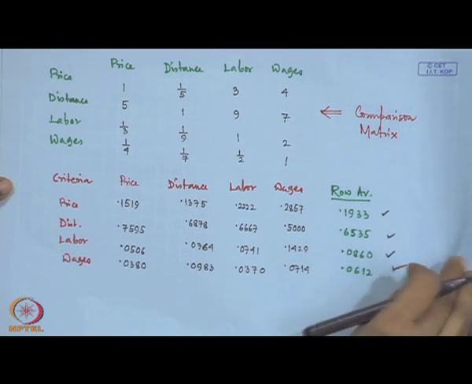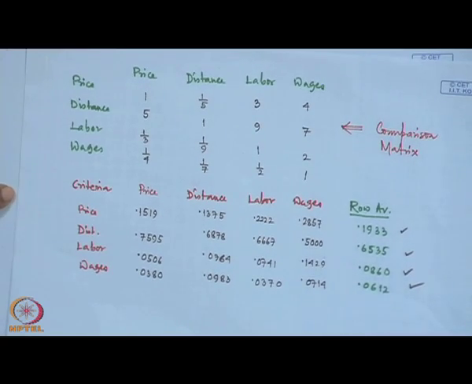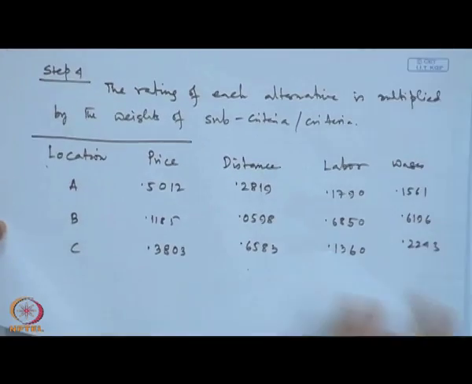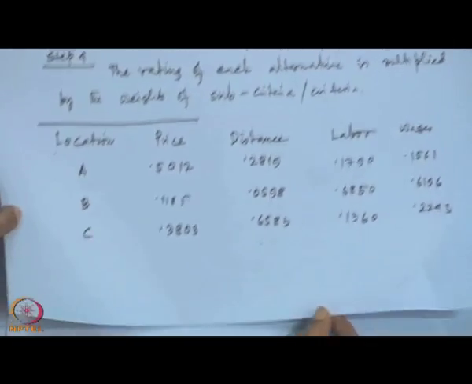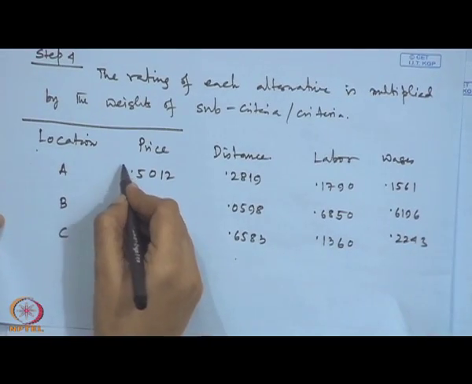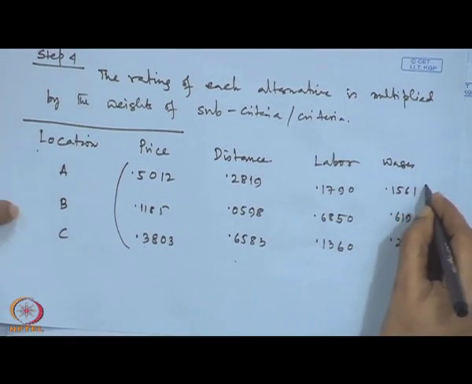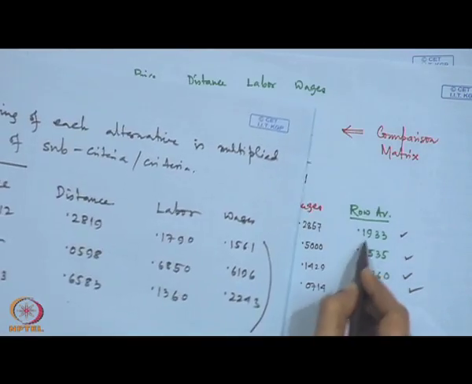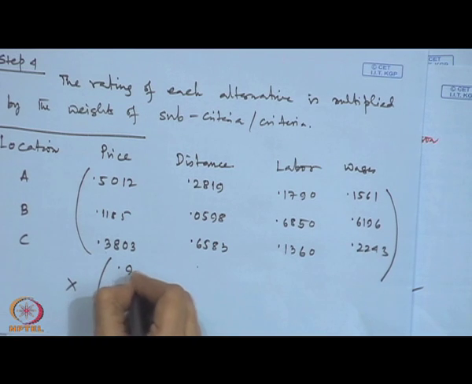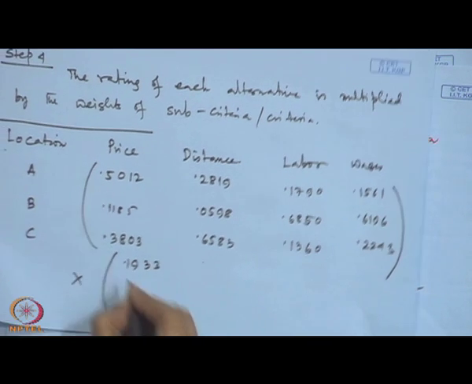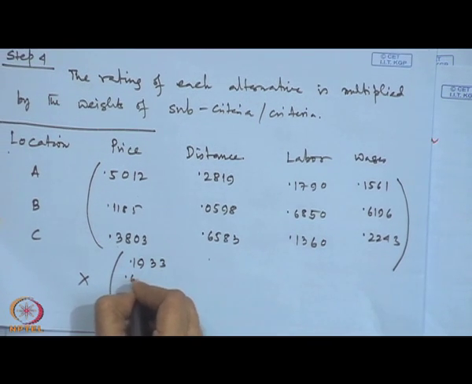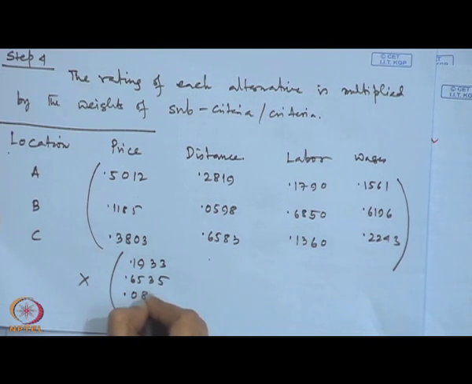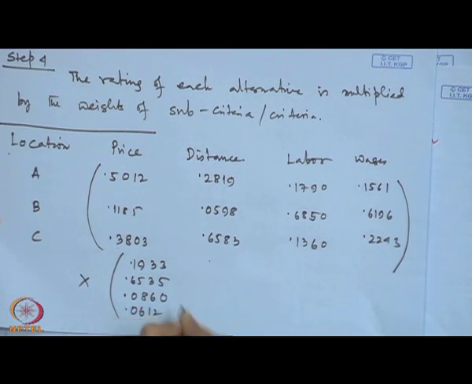In the next step, we consider both pieces of information together. We multiply this matrix with another matrix that has the priority vectors 0.1993, 0.6535, 0.0860 and 0.0612.